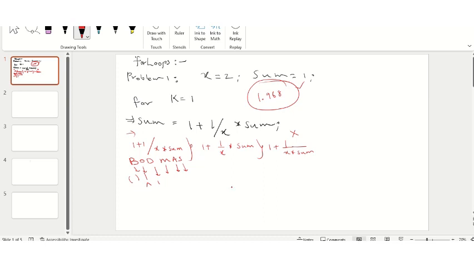There is no clarity. 1 plus 1 by x into sum, you can assume, 1 plus 1 by x into sum you can take, or 1 plus 1 by x into sum also you can take. So in these cases, this is the priority, sir. If anything is there in the brackets, and if anything is there as an order, then which is having division? So here we are having the division.